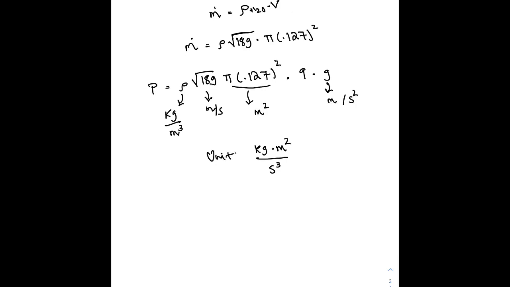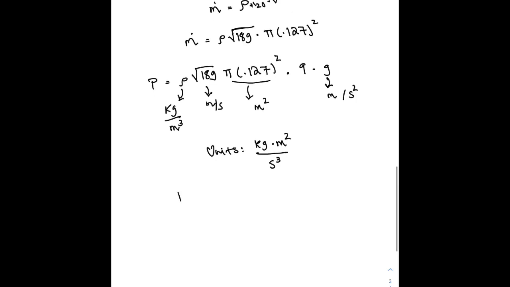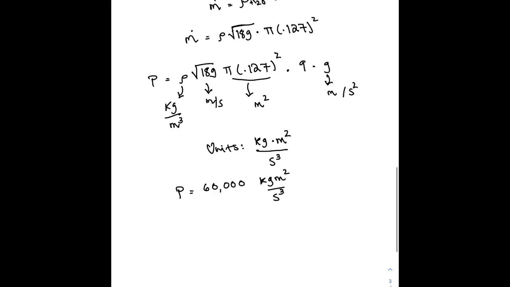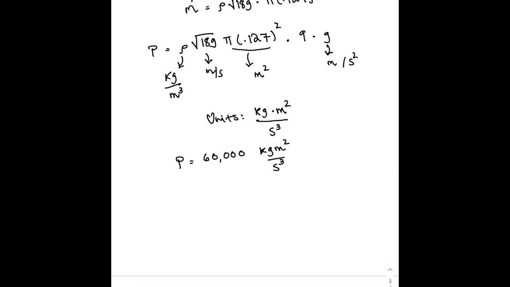Those are the units. And so the power, after calculating, we get around 60,000 kilograms meters squared per second cubed. And we can use these units as joules over seconds. This is also watts. So the power is 60,000 watts, or we can just call it 60 kilowatts.